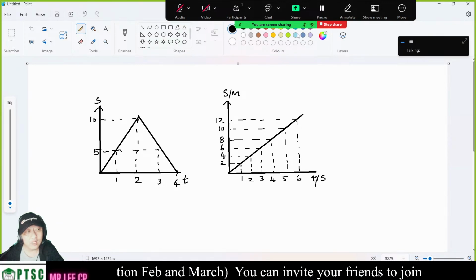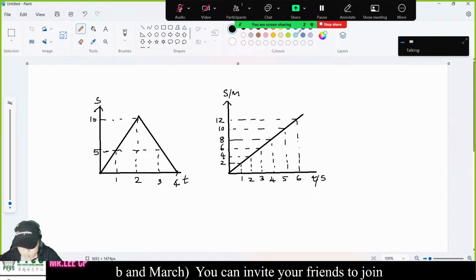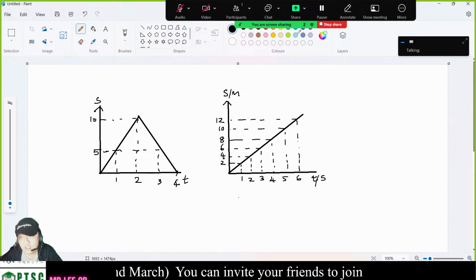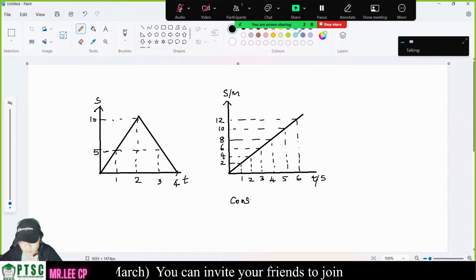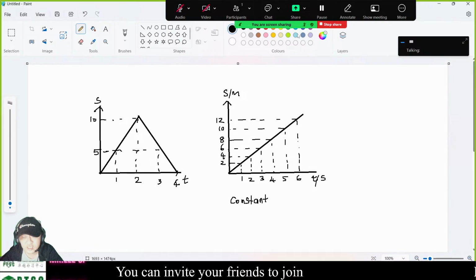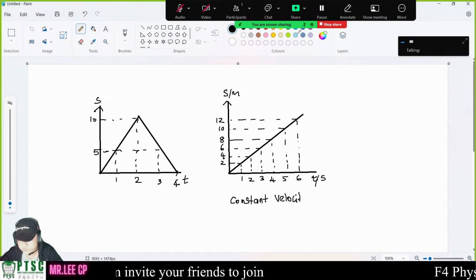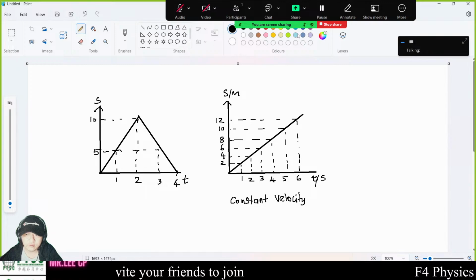Now, what I am asking you is, what is this motion? When you see this motion going up steadily, this one is called constant or uniform velocity. Constant velocity or uniform velocity, it is the same thing.